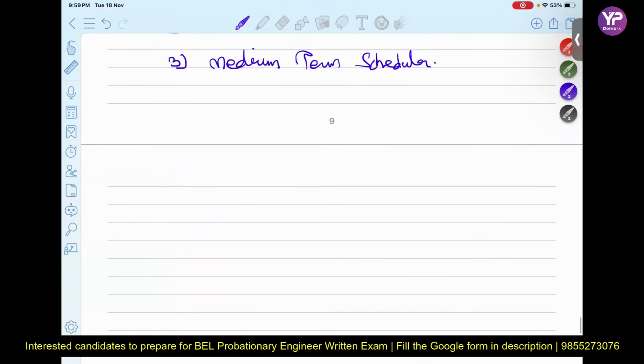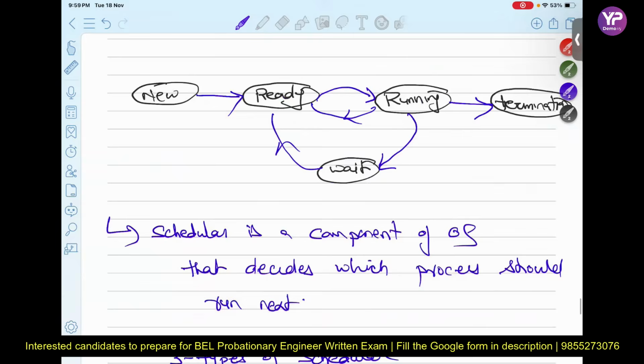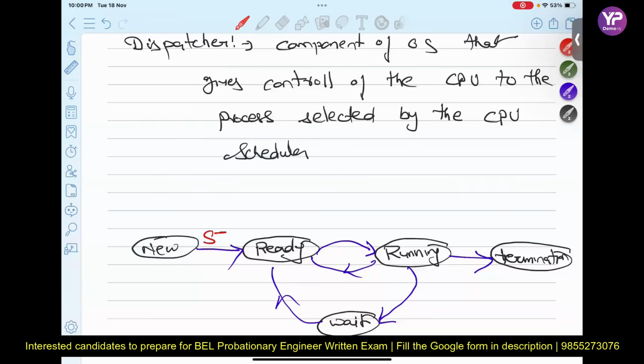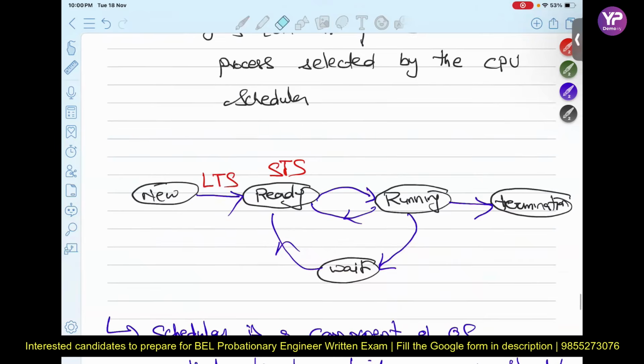What is short term scheduler? Short term scheduler mainly works in this area. Long term scheduler, oh sorry, it's a long term scheduler. Here we have short term scheduler, and here we have mid term scheduler.